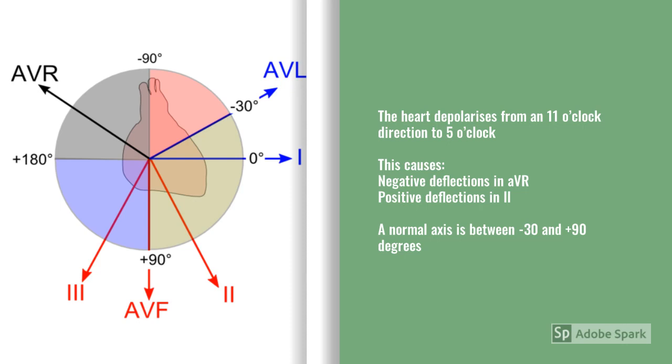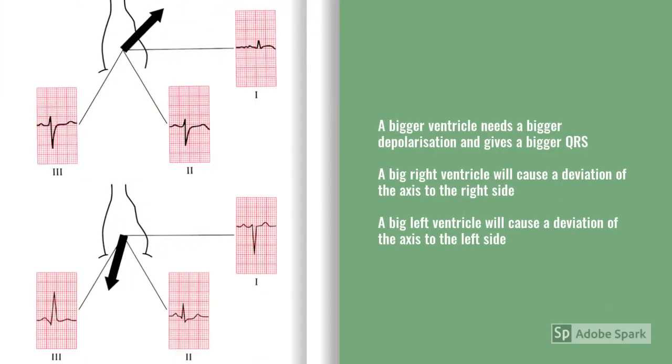So it's going from the sinoatrial node through the atria, into the AV bundle, down through the bundle of His and the bundle branches, and into the left ventricle initially, then the right ventricle. Now, if you have often a larger ventricle, or some sort of pathology related to the size or the depolarization of the heart, a bigger QRS is often generated from a bigger ventricle, and that can essentially affect the axis.